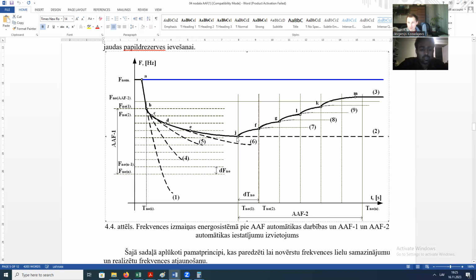After the stabilization, when it is in balance, after a set point, for example 5 seconds, 10 seconds, we start to disconnect groups of consumers that are connected to this automation part 2. We disconnect one group, second, third, and so on, and we raise the frequency till the nominal without any impact of a human operator. All goes automatically.